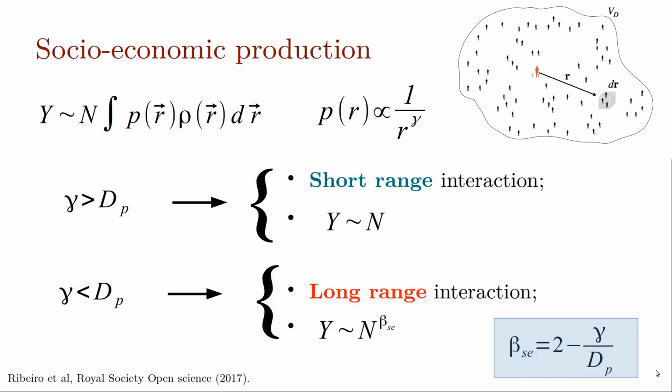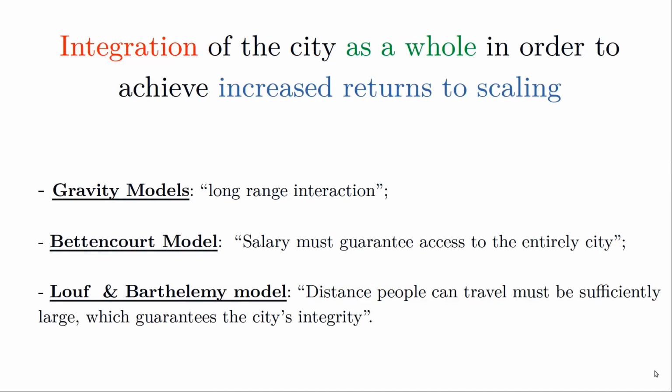And another property that emerges when they put all these models together and see the big picture is that the integration of the city as a whole is the main ingredient to have increasing returns to scale, in order to have superlinear scaling, in fact. For example, in the case of the gravity models, it's necessary to have long-range interaction in order to have superlinear scaling, right?